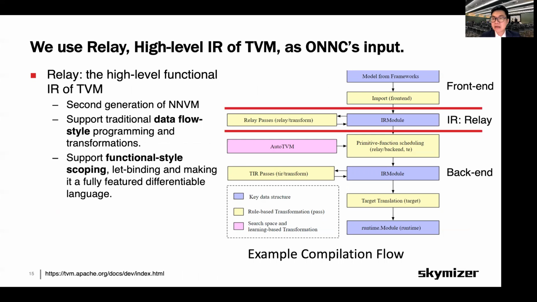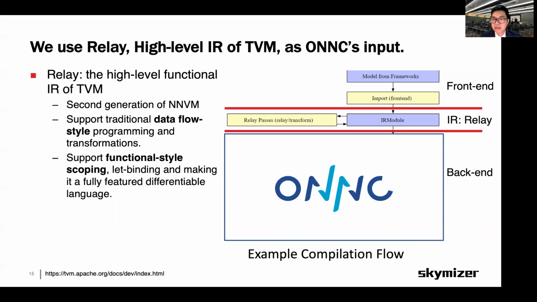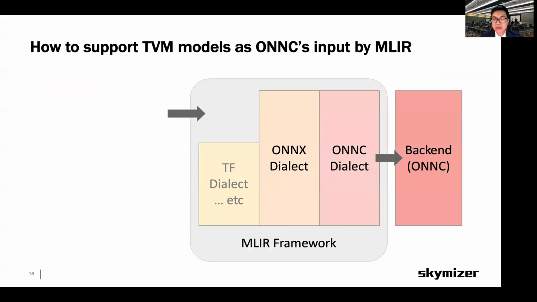As you can see in the right-hand side figure, that's TVM's compilation flow. They have their front end, and they use Relay as their IR, and then they have their backend. And we use Relay IR and their front end as our input, and we use ONNC to replace their backend. And how do we do that? We use the same approach as you saw with TensorFlow.